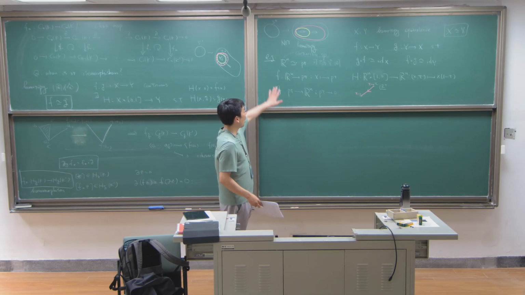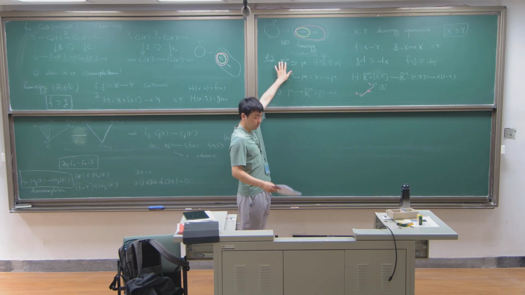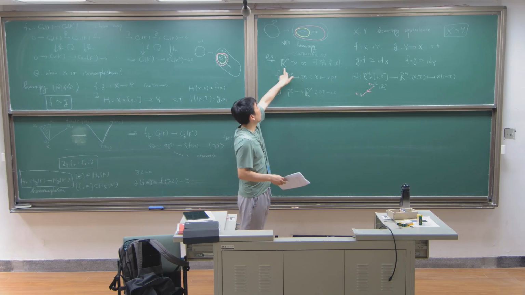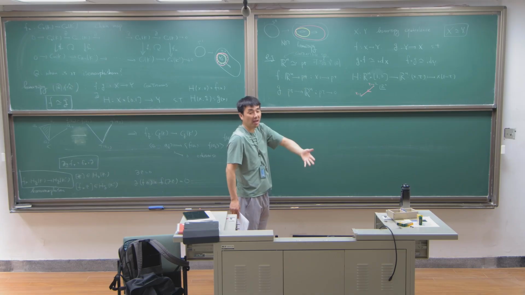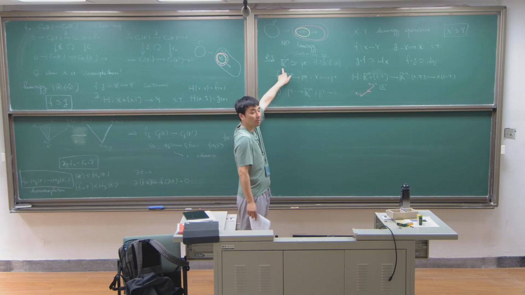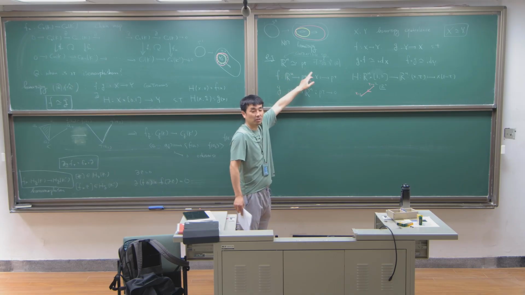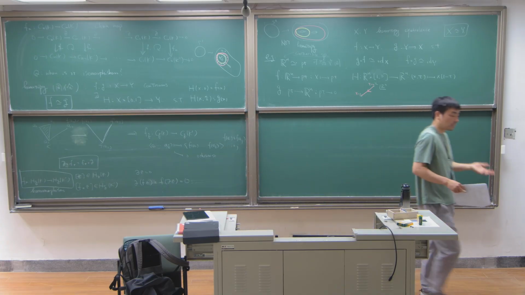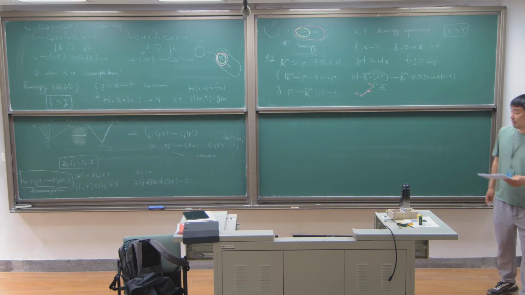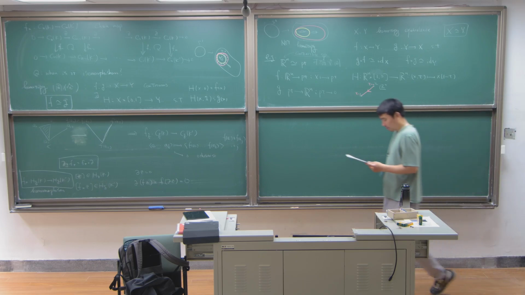So both Rn and the point are homotopy equivalent. So therefore, homotopy equivalence does not preserve the dimension. One is n-dimensional, the other is zero-dimensional. Homotopy equivalence does not necessarily preserve the dimension of the space.